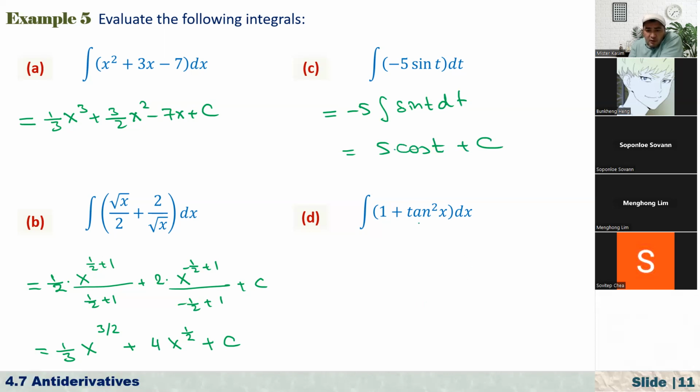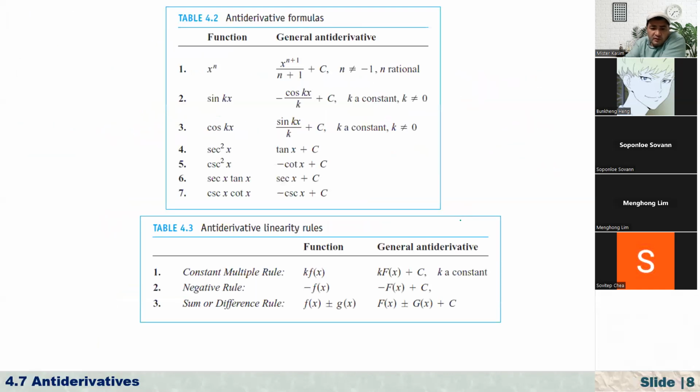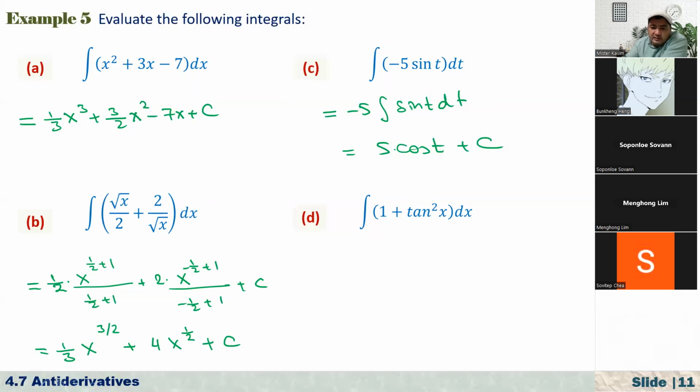And how about d? 1 plus tangent squared of x. Again, if you look at our formula here, what function's derivative is tangent squared? We don't have it here, but we know the identity: 1 plus tangent squared of x is equal to secant squared of x.